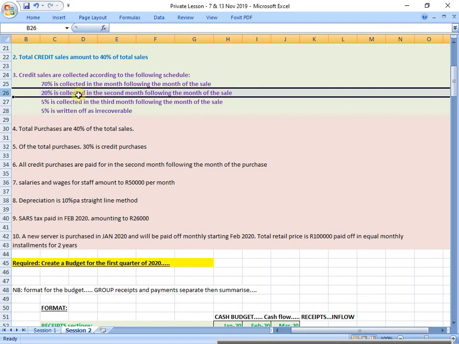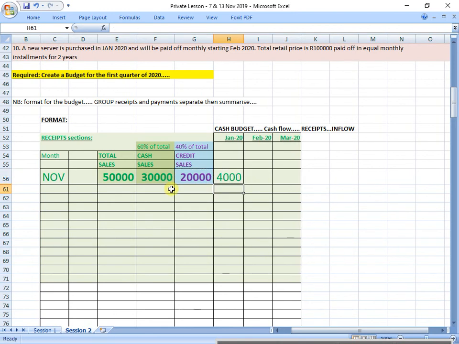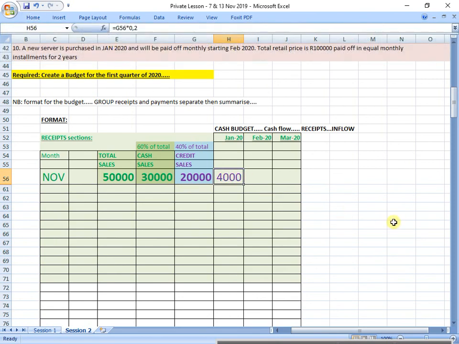So if the month of the sale is November, the second month would be January. How much do I collect in January? 20% of the credit sales. Is January part of our budget? Yes. That's why you've got to put something there. 20% of the credit sales. Make sense?